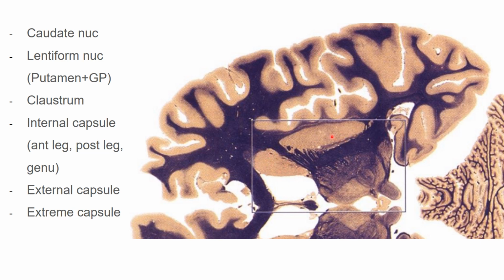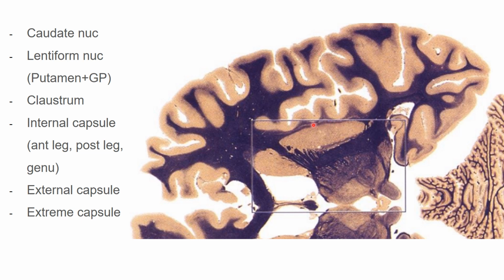Over here, you have your lenticuliform nucleus. Your lenticuliform nucleus is the putamen plus your globus pallidus interna and externa. So we can't delineate the interna and externa here, but we can see the putamen, and it would be located in this region. So this is going to be the lenticuliform nucleus. Now, if you look lateral to the lenticuliform nucleus, you see a white matter area that is going to be your external capsule.